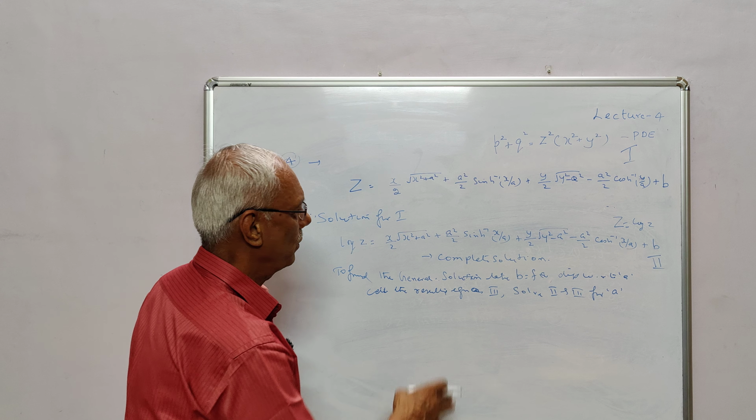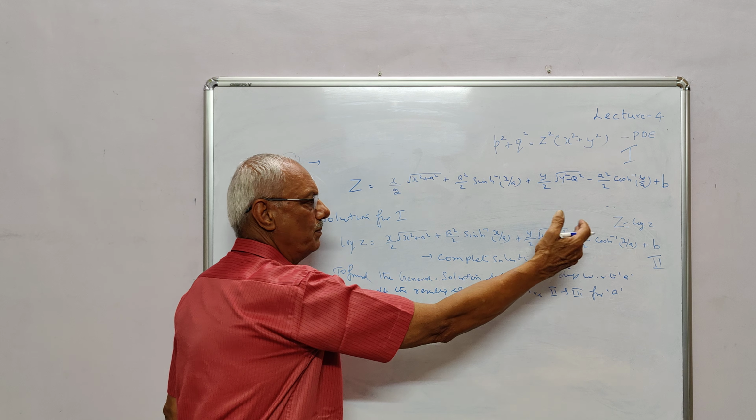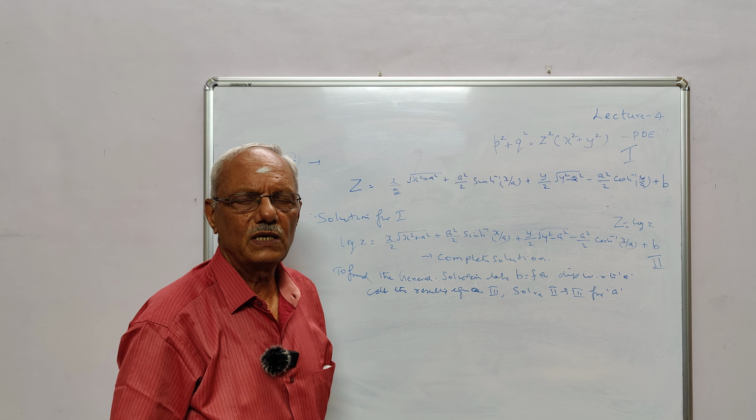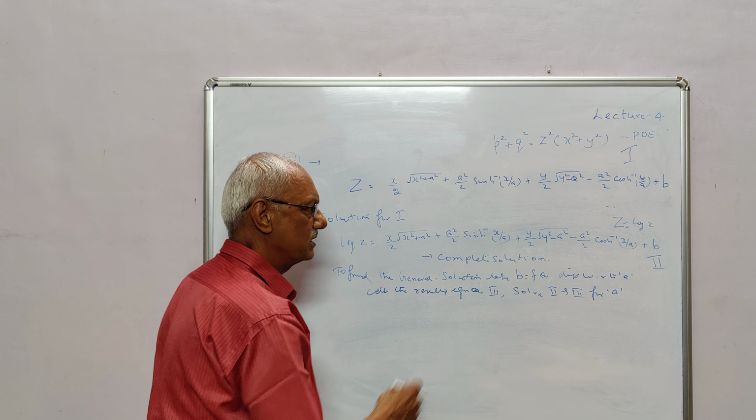You call this one 2, take b is equal to f of a, differentiate, and then use the two equations to get the value of a. Then you get the general solution.